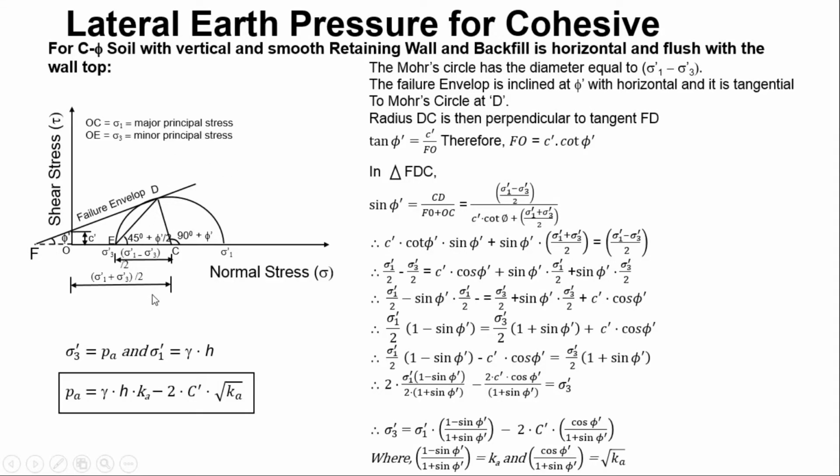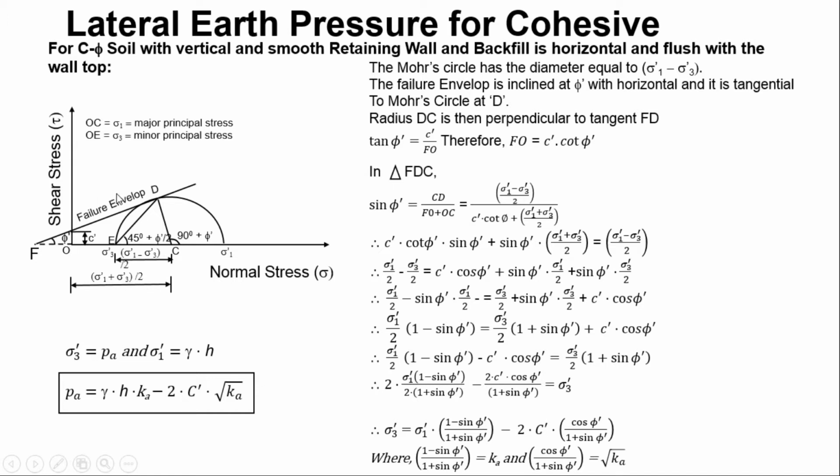So friends, you are watching the Mohr circle diagram. In this figure, the diameter of the Mohr circle is sigma 1 dash minus sigma 3 dash, and therefore the radius is sigma 1 minus sigma 3 effective stresses divided by 2. When we add a distance sigma 3 dash to this radius, we get sigma 1 dash plus sigma 3 dash divided by 2.